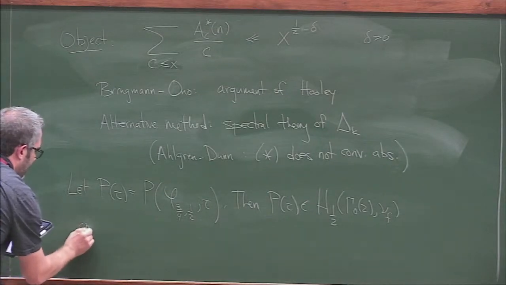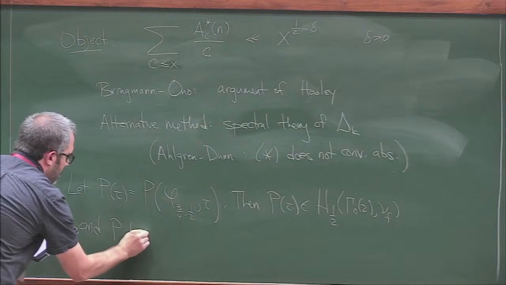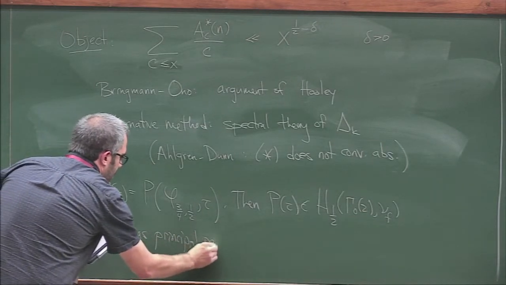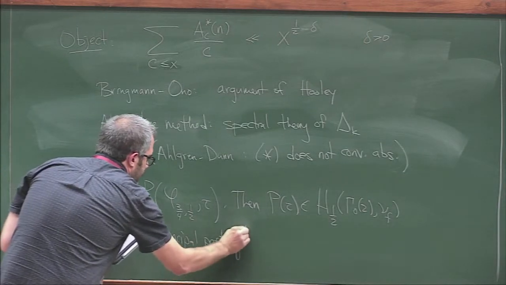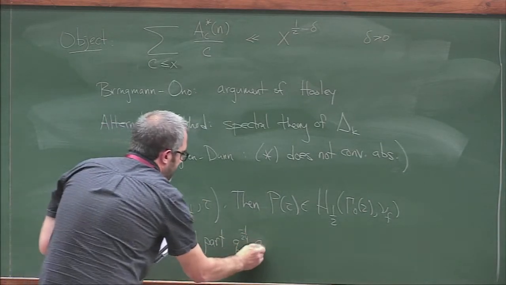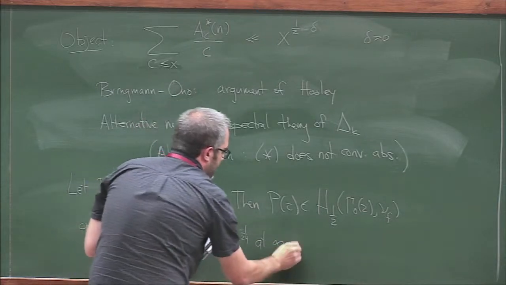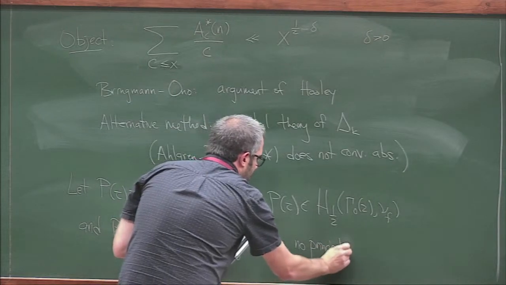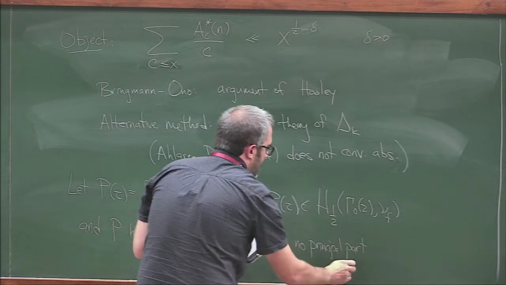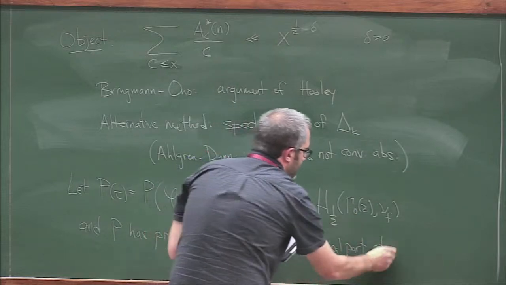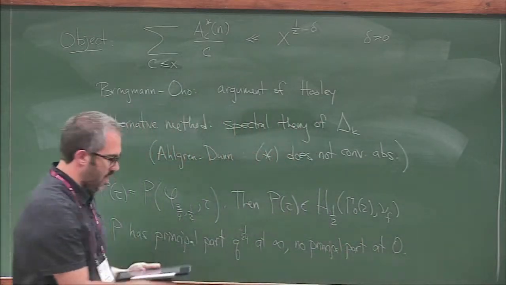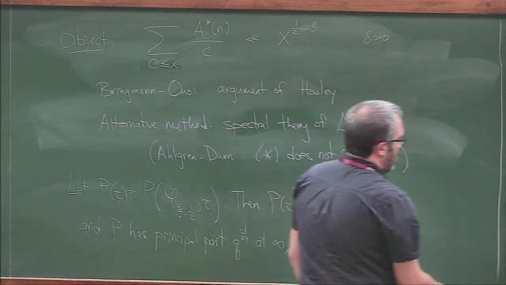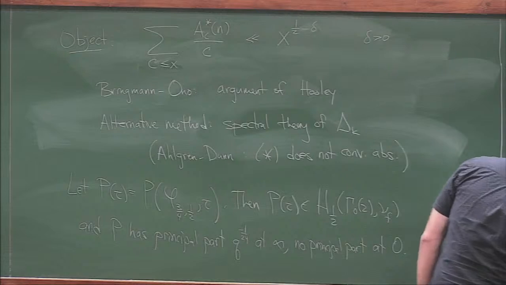And p has principal part q to the minus 1/24 at infinity, and no principal part at the other cusp of gamma 0, 2, which is 0. And that just comes from the actual construction of the Poincare series itself. Okay, so what are we going to do with that information?